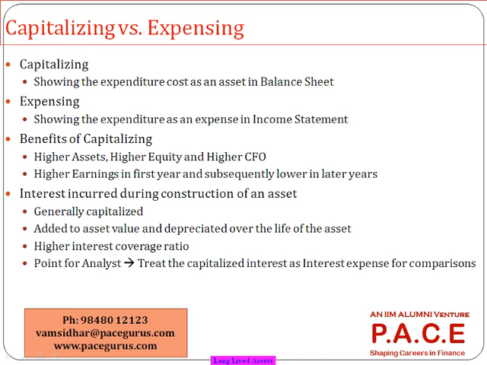I can show it as an asset in the balance sheet, or I can show it as an expense in the P&L statement. When I show it as an asset, we call it capitalizing. When I show it as an expense, we call it expensing.